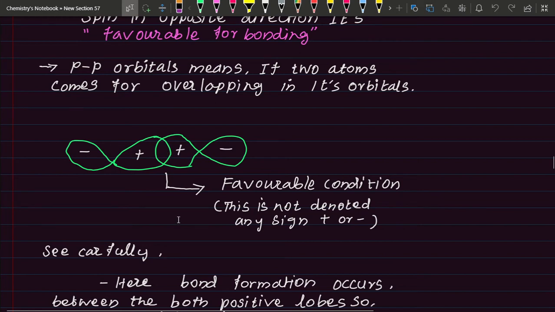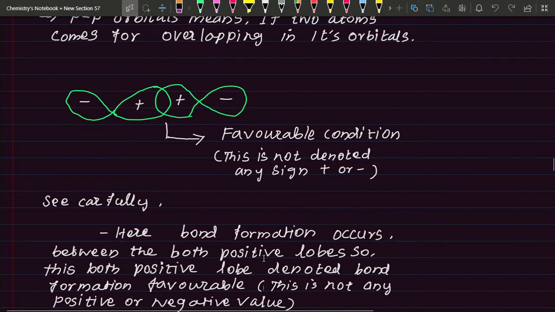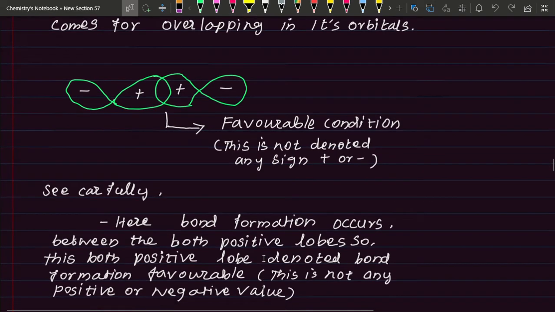See carefully next. This portion is very important. If you have any confusion, see the video again. See carefully below. Here bond formation occurs between the both positive lobes.